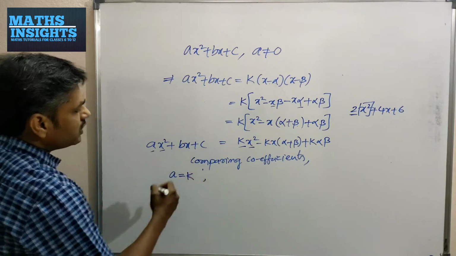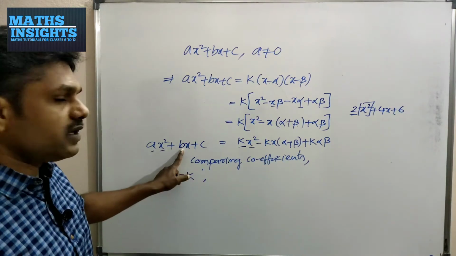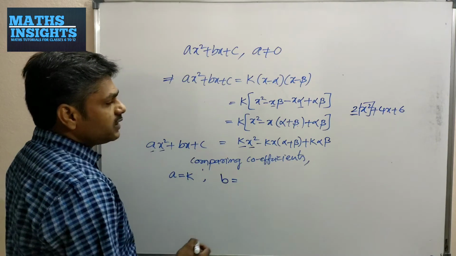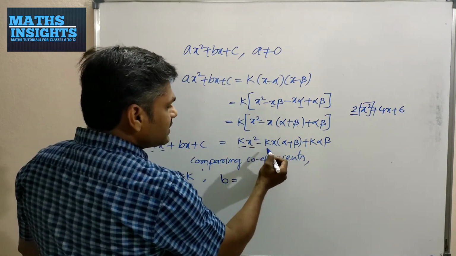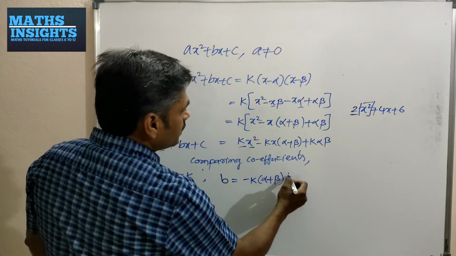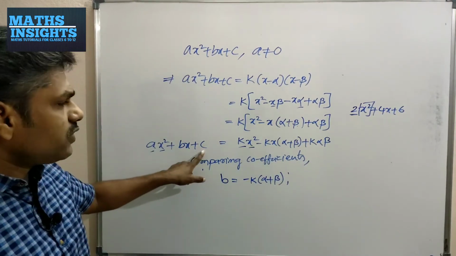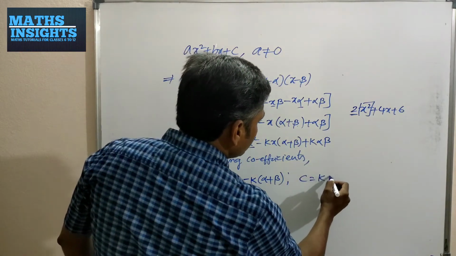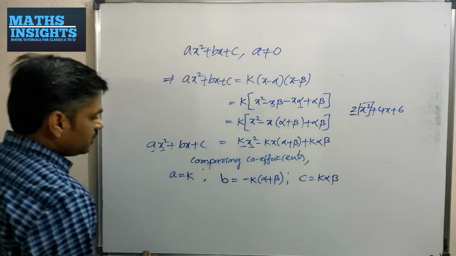This is the first one, and the second one will become b. The coefficient of x is b, so I am writing b here. Here the coefficient of x is minus k into alpha plus beta. And finally, if you compare the constant term, c is equal to k into alpha beta.